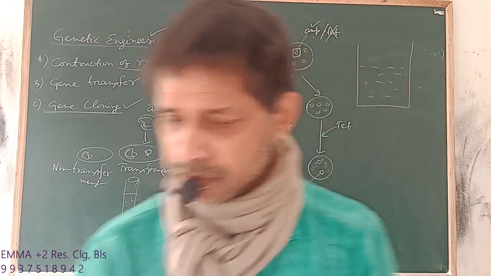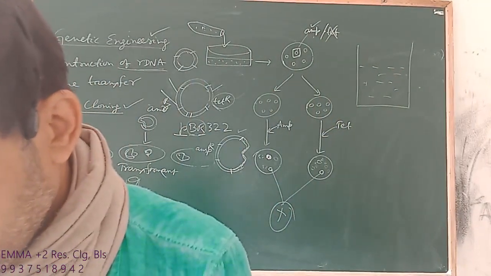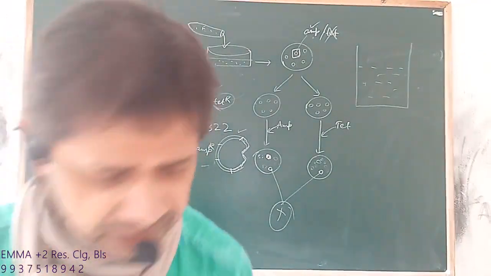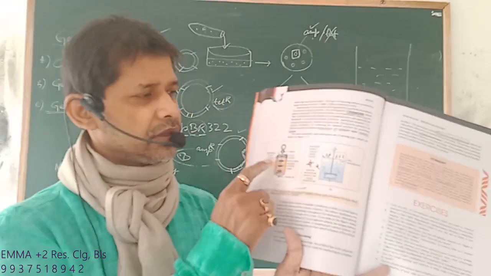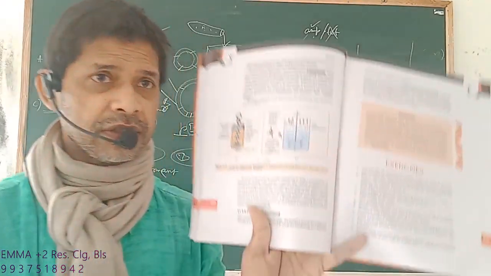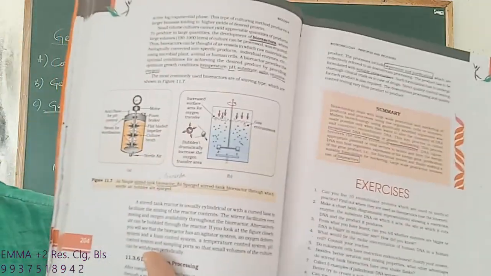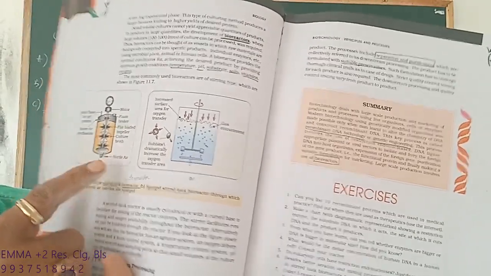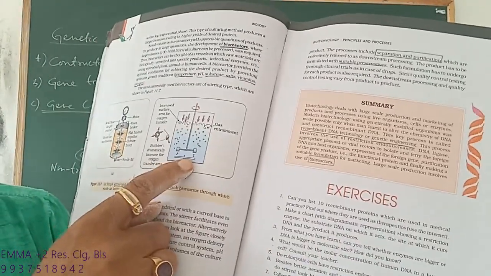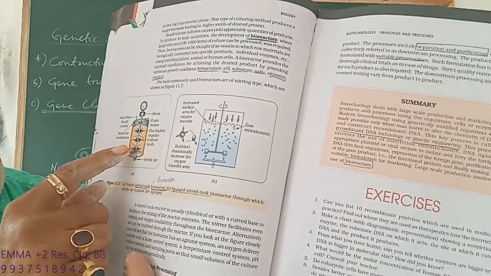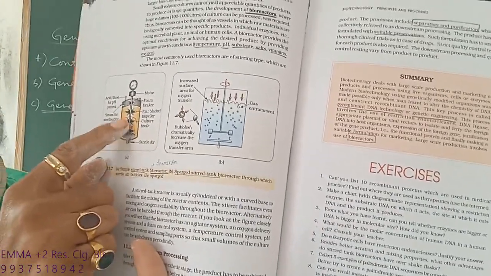In your book you can see this is the stirred tank bioreactor. Most commonly used bioreactor is the stirred tank bioreactor. This is the simple stirred tank bioreactor. This is the sparged stirred tank bioreactor. In simple, you can see these are the blades.